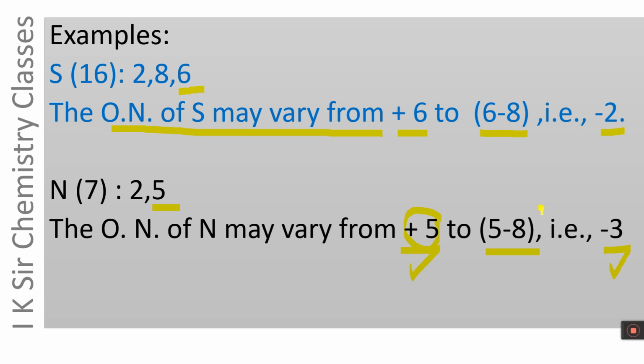And if it comes less than -3, it is again wrong. The oxidation number cannot be beyond this range.